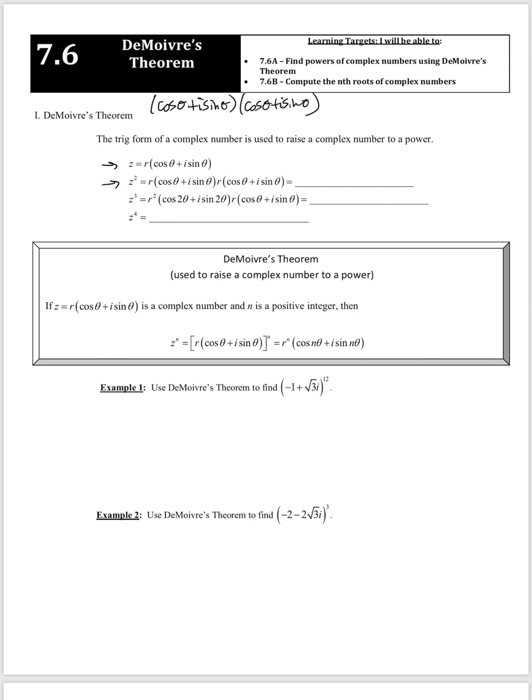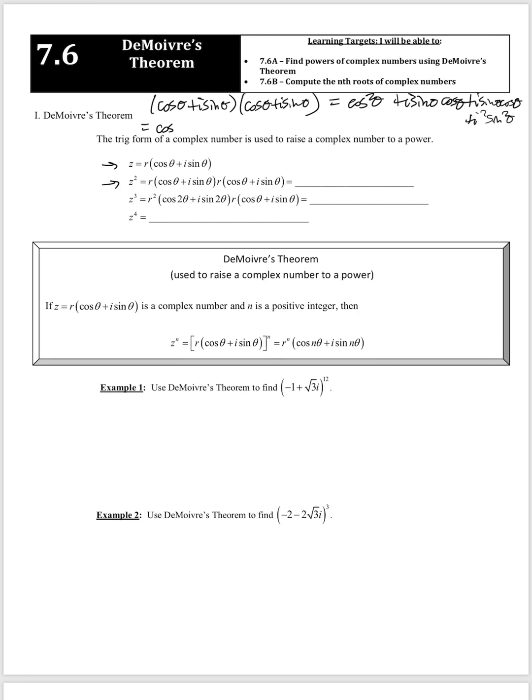Okay, so box method, or just foiling, that's how I learned this, even though I really don't like referring to it as that. But we end up with something that looks like cosine squared theta plus i sine theta cosine theta plus i sine theta cosine theta plus i squared sine squared theta.